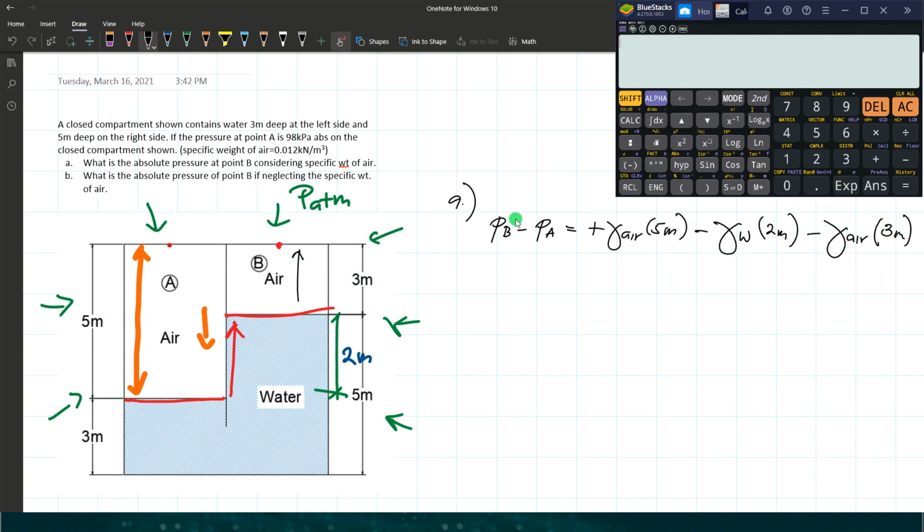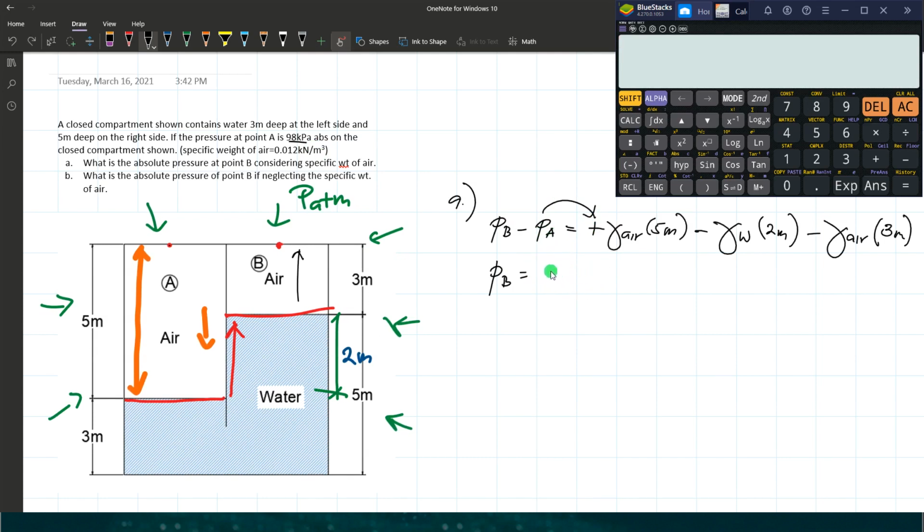What is required is the pressure at B. Pressure at A is given, which is 98 kilopascal. So we move that to the right hand side of the equation, and pressure A becomes positive, 98 kilopascal.